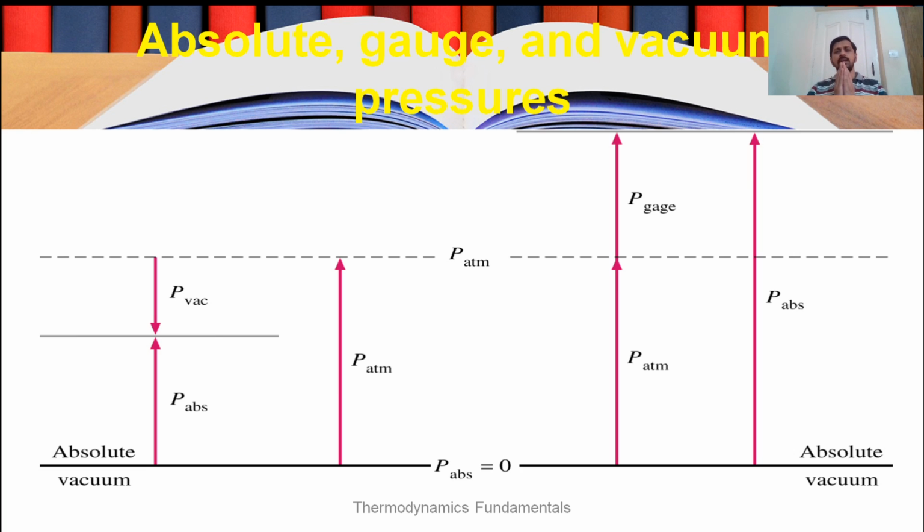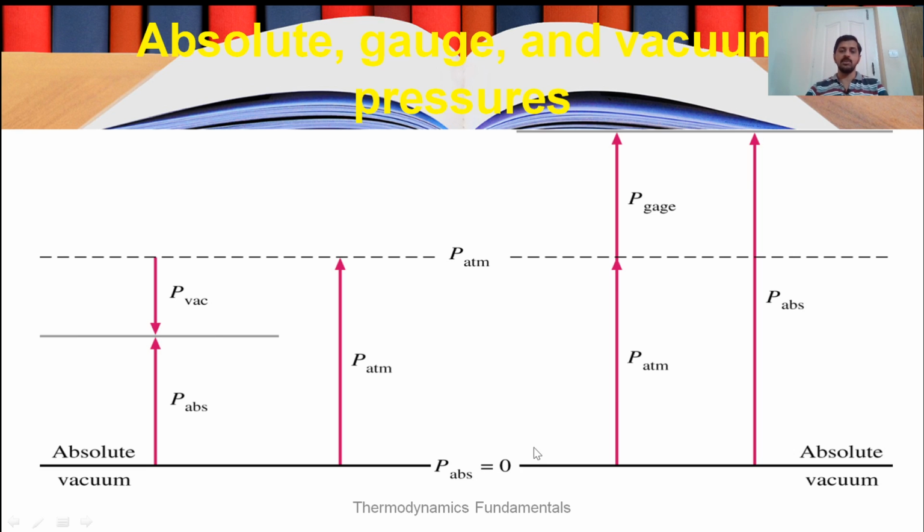For any property to be measured properly, there should be a reference. That reference level is termed as absolute vacuum or the absolute zero, where the pressure is measured to be 0 Pascal or 0 bar or whatever it is.